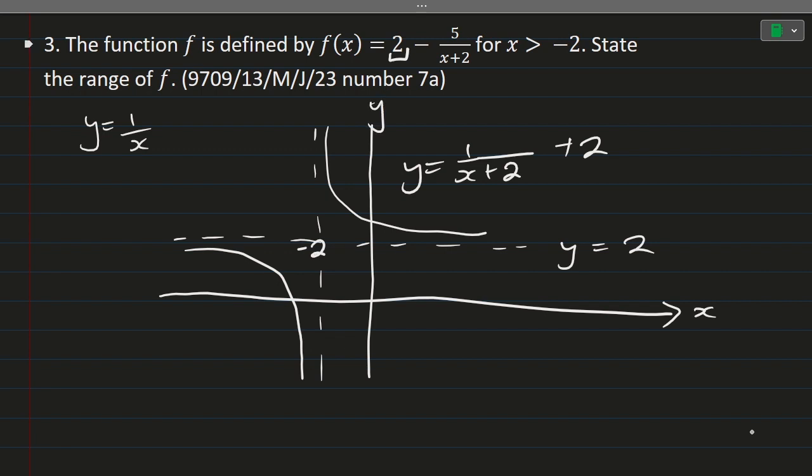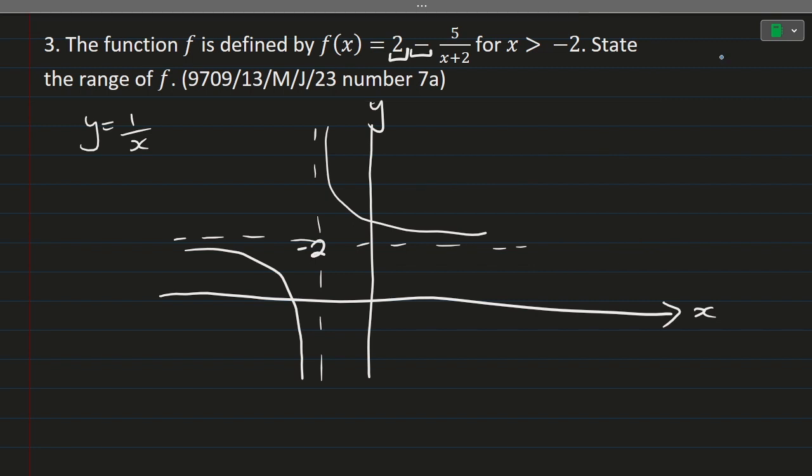And then we also have a 5. So instead of having a 1 here, we now have a 5. That 5 is just a stretch in the y direction, but since this is a rough sketch of the graph, we won't really be able to show that. There's also this negative sign here, so it means we're reflecting our graph in the x-axis.